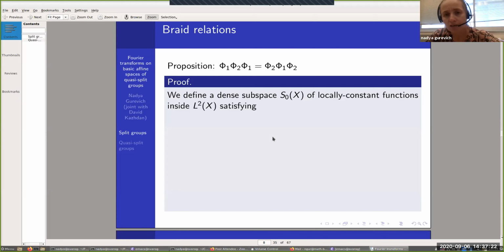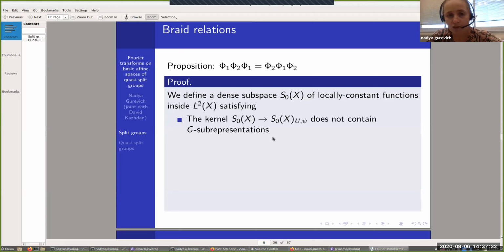The idea would be to consider a dense subspace of functions inside the L2 space. It satisfies several properties. So first of all, we consider the space of U psi equivariance.